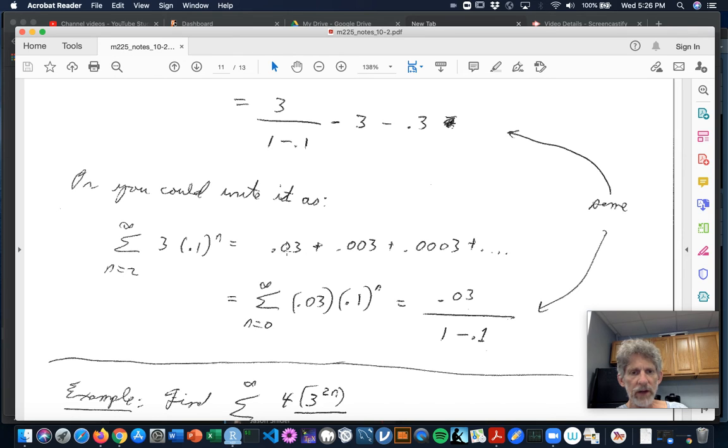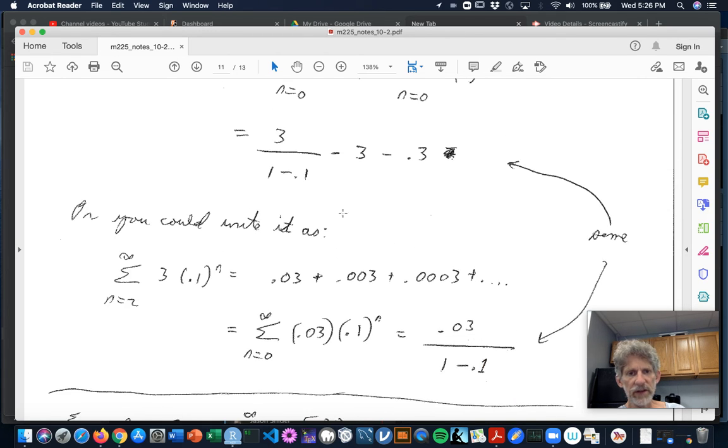And then I'll have a 1 here, and I'll have a 0.03 here, and I'll have a 0.003 here, and so on. And I'll have a 1 here, and I'll have a 0.01 here, and so on. And so then I'll see that I could use 0.1 to the n as my powers. So if you just write out the terms, then look for powers, you eventually come to this, and then you can see right away it converges to this. So this is actually the same number as this.